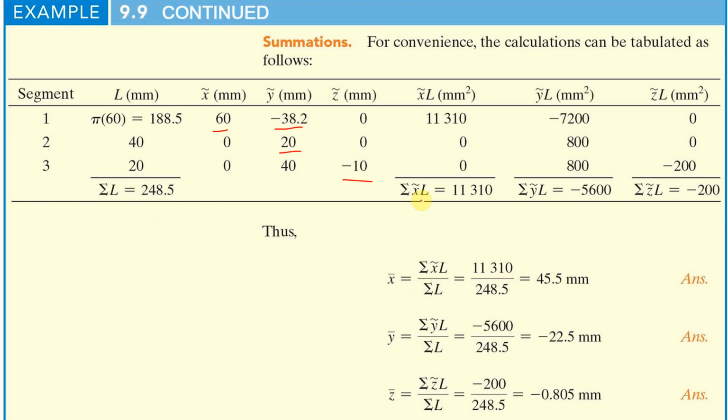I want you to notice something. Our formula said mass, but if there's a constant density per unit length, then mass is that density times length, and it'll factor out on both sides. If density is different, you'll need a density column.